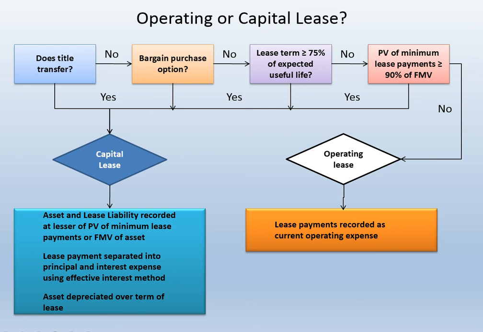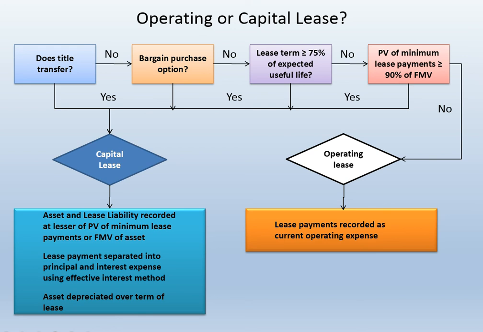The other thing that happens is because we have leased assets of some sort on the asset side of the balance sheet, the asset needs to be depreciated over the term of the lease. Now, if you think about this, it is virtually the same as what would happen if we borrowed money to buy an asset.